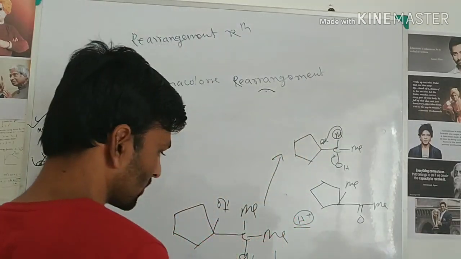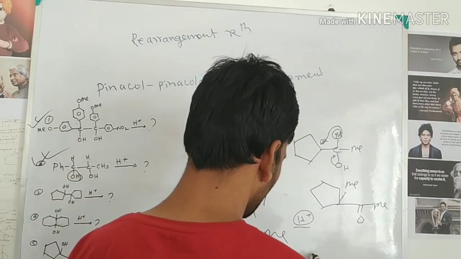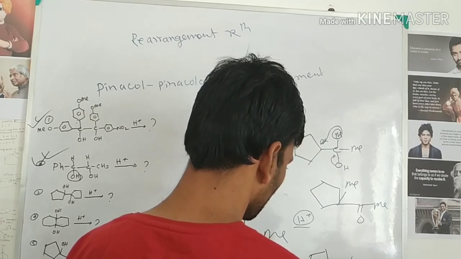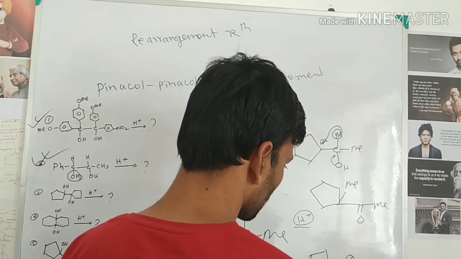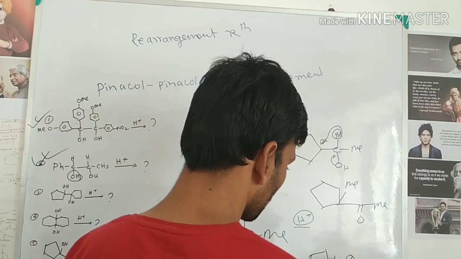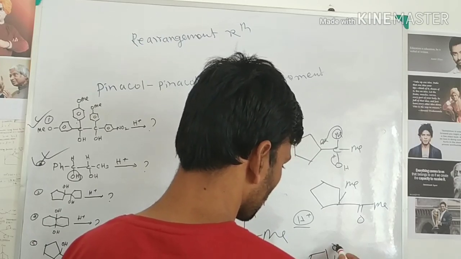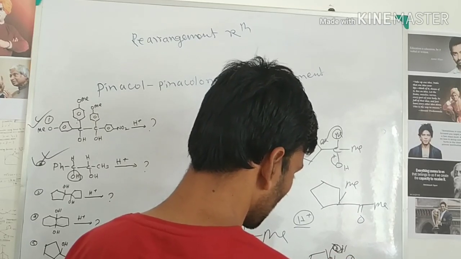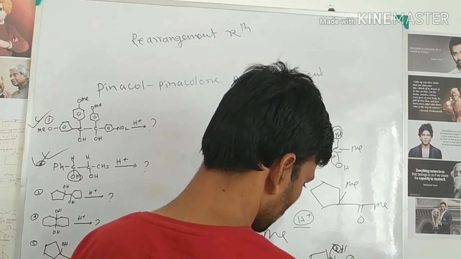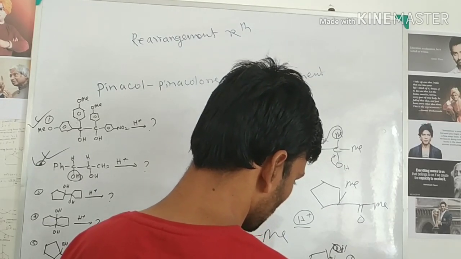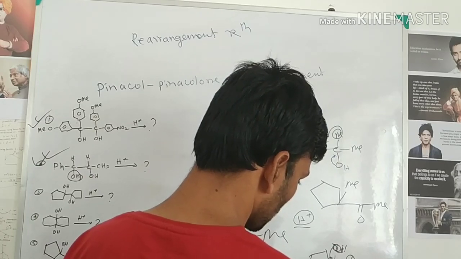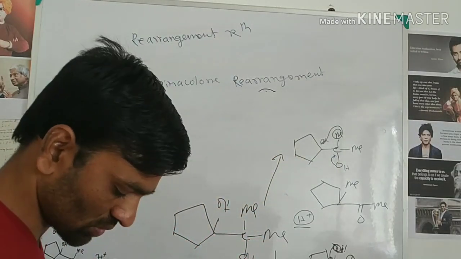And the second product is ring expansion formation. This is the final product.